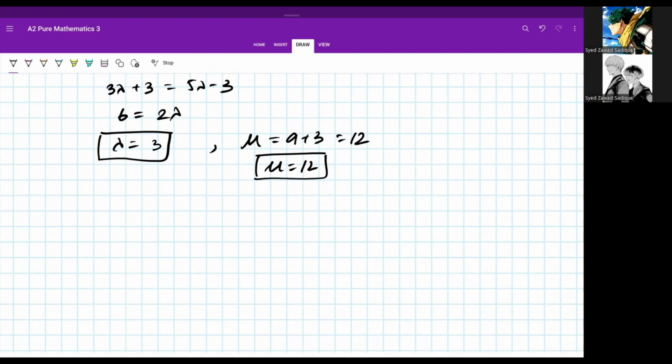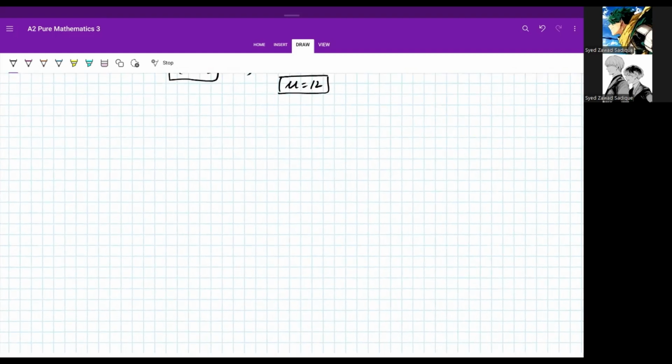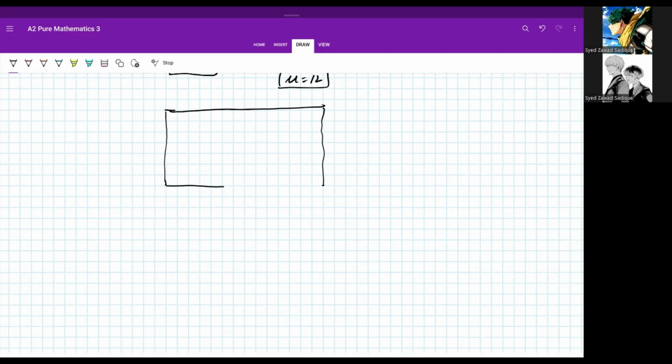Then we should make a table. A nice table. This is the best way to represent this type of question.